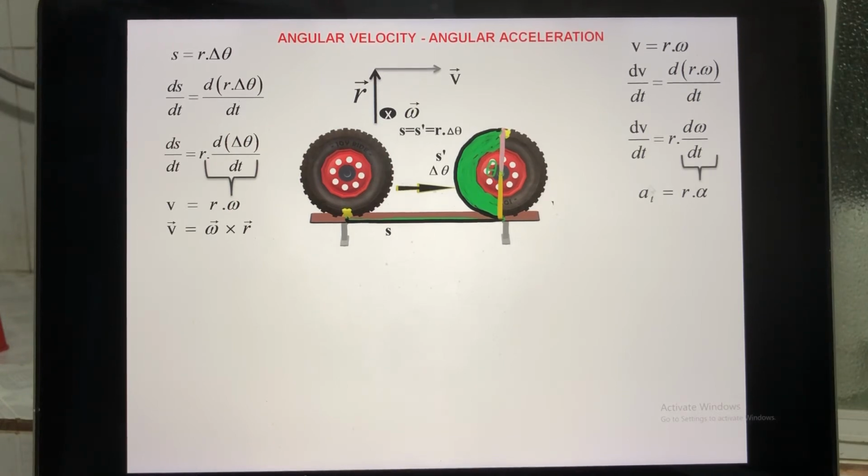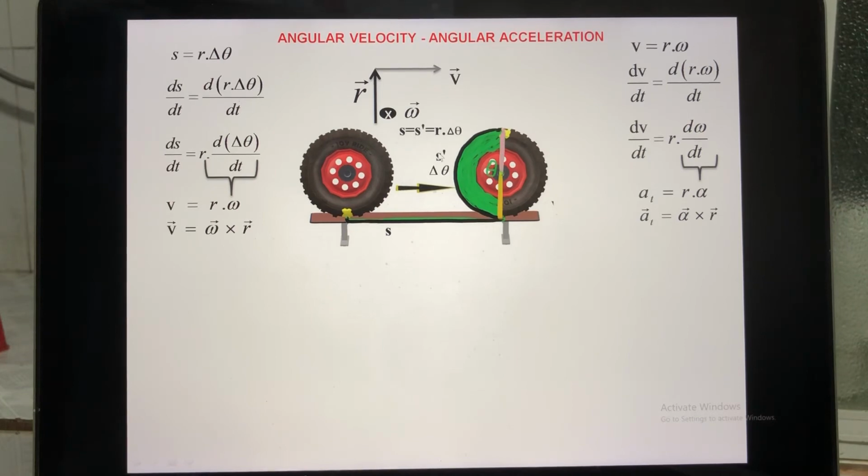So I have the relationship between linear acceleration, tangential acceleration, and angular acceleration of a point here, for example. Okay, and relating to the direction, we have this relationship between linear acceleration and angular acceleration.